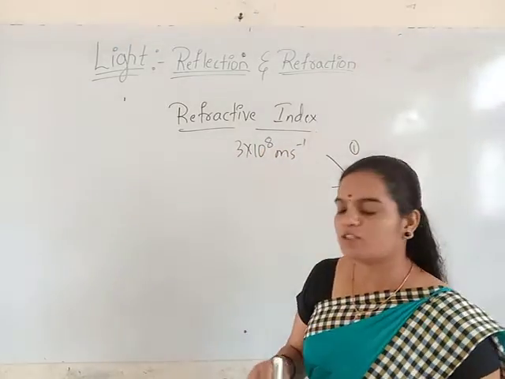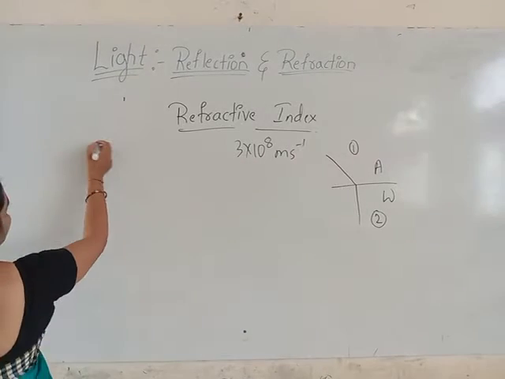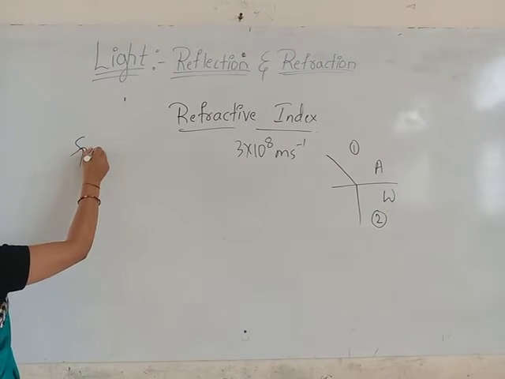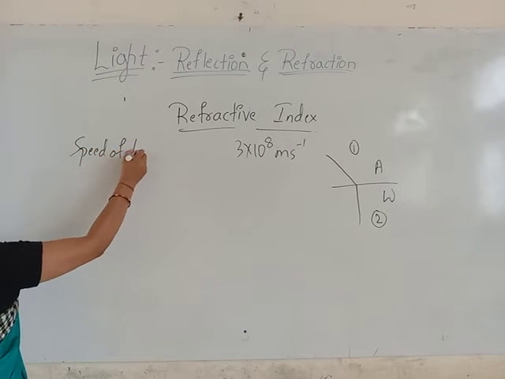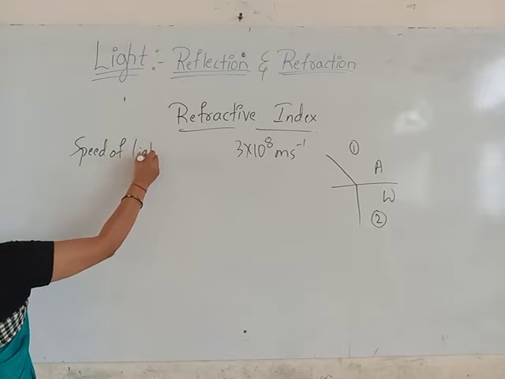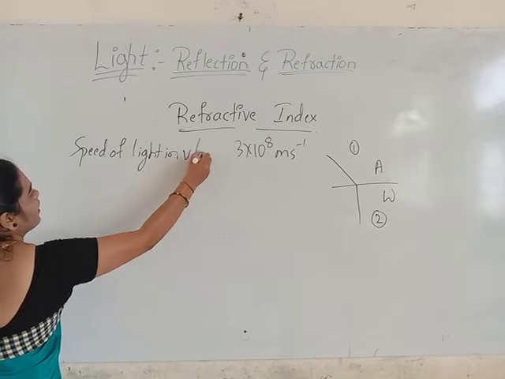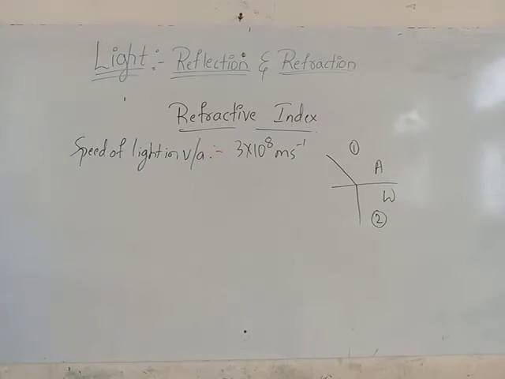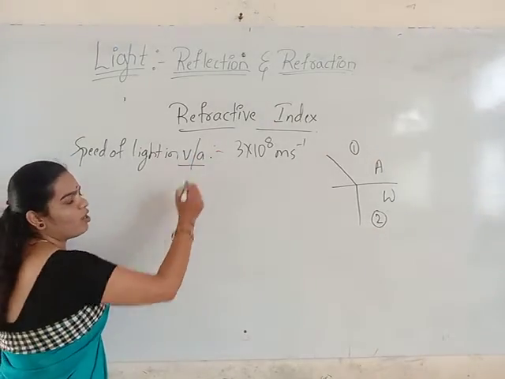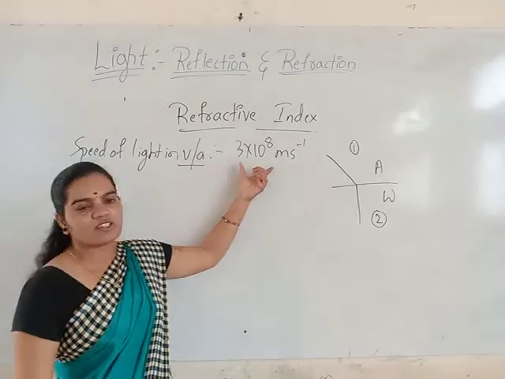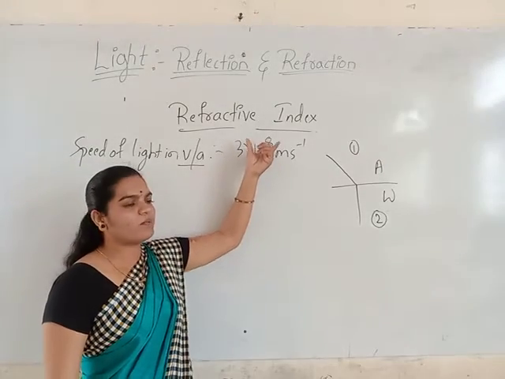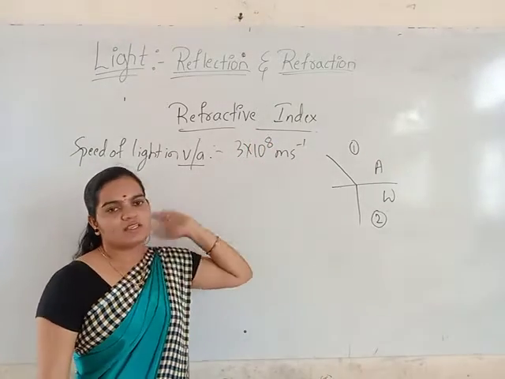This is the speed of light in vacuum or air. The speed of light is constant, that is 3 into 10 to the power 8 meter per second.